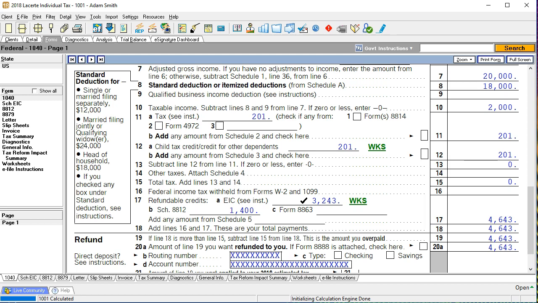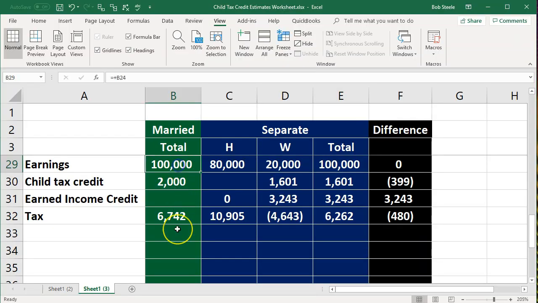So it distorts the picture a little bit in terms of what would be the best total tax outcome for the child to be on one return versus another. So that's the 3,243. And that means that we're not only not paying tax, but we're getting money back. So we're paying 0 tax and getting money of 4,643. So if you look at that breakout, we've got the 100,000 at the 80-20.